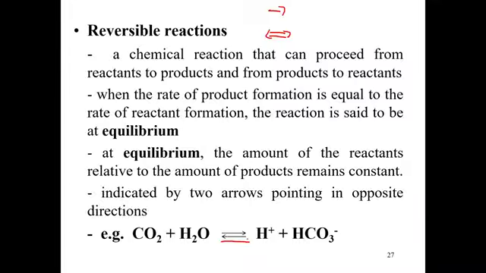They are in equilibrium. It does not mean that they do not react anymore. It just means that they react at a rate that balances each other out. So this is called your equilibrium. An example is carbon dioxide plus water will form hydrogen ion plus bicarbonate ion, an ion.